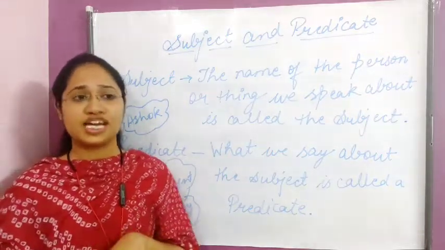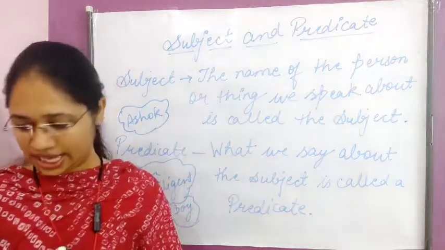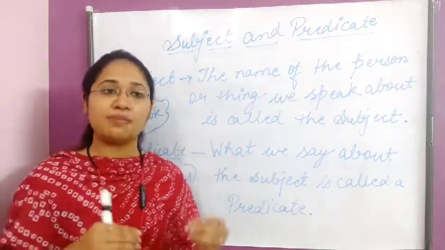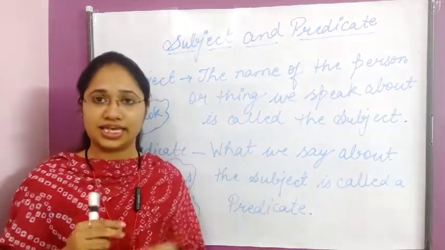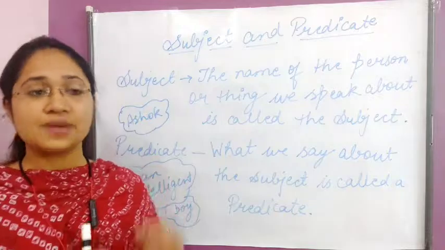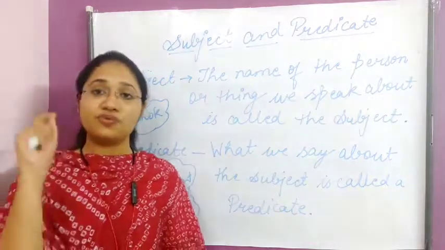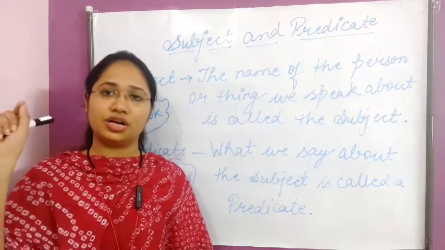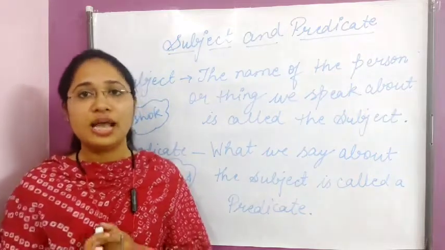The subject is the person or thing we speak about. And the predicate is what we say about that subject.